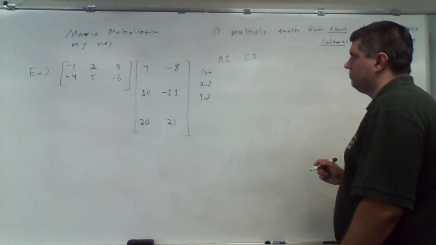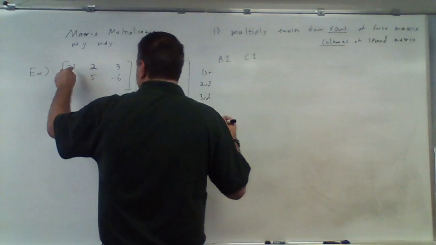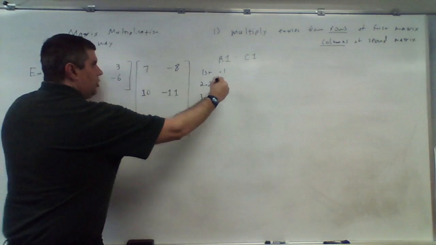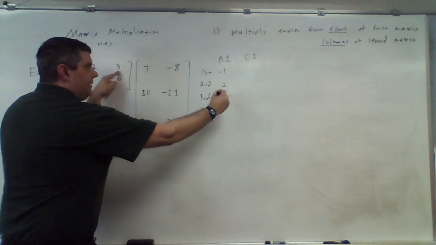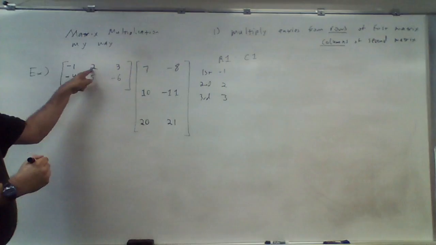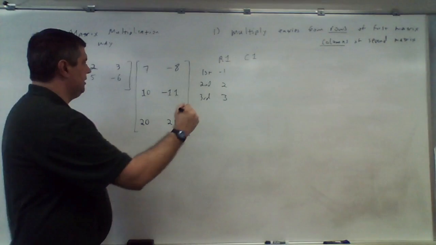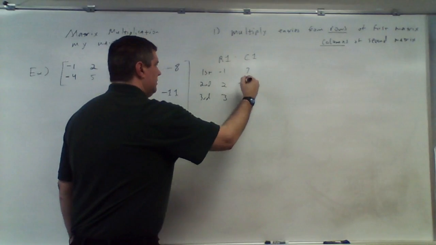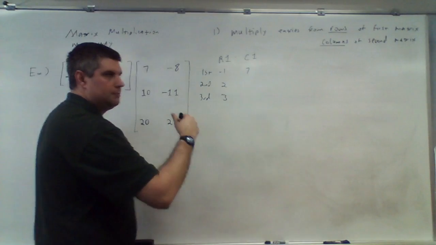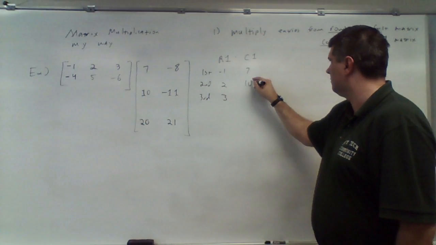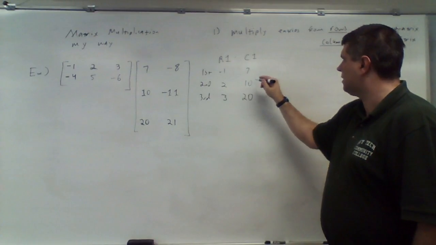So first row, first entry, -1, 2, and 3. I'll be multiplying by column 1: 7, 10, and 20.